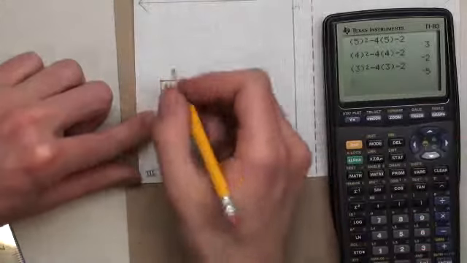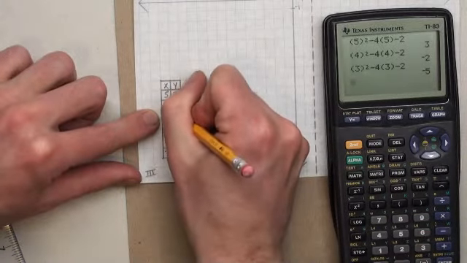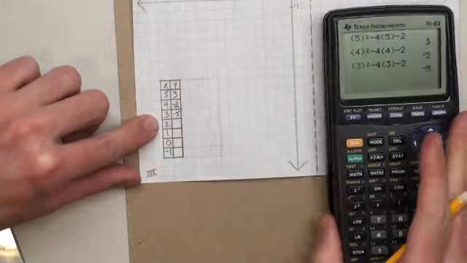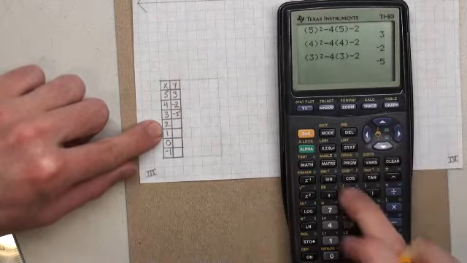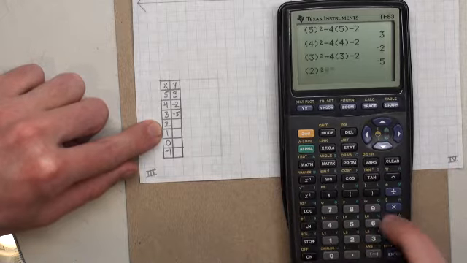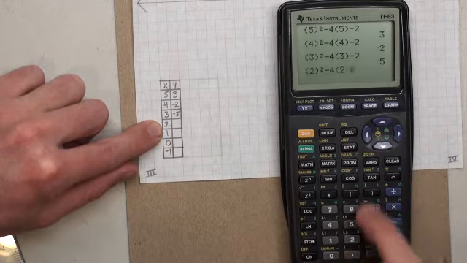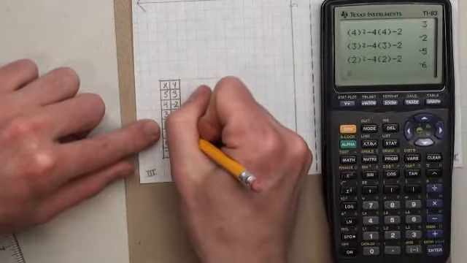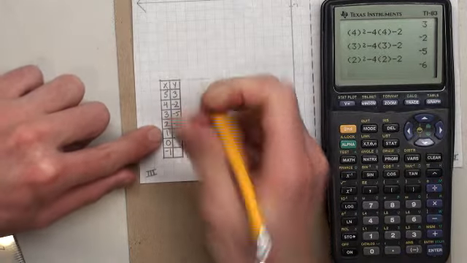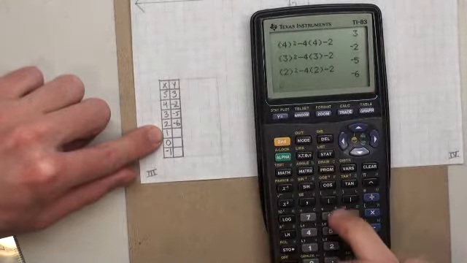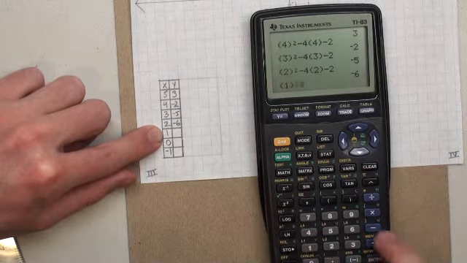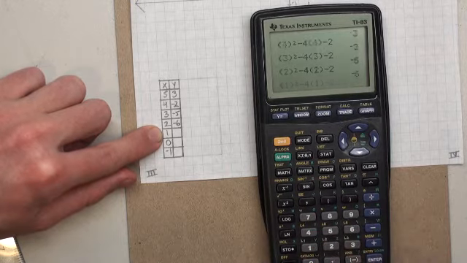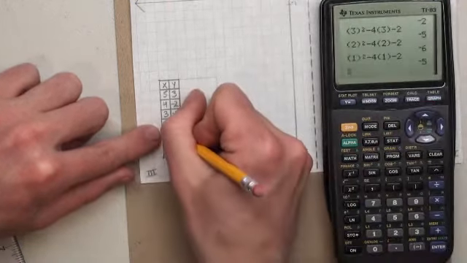And I get a negative 5. Then I use my value of 2. So I have 2 squared minus 4 times 2 minus 2, negative 6. Then I use my 1. So 1 squared minus 4 times 1 minus 2 is negative 5.